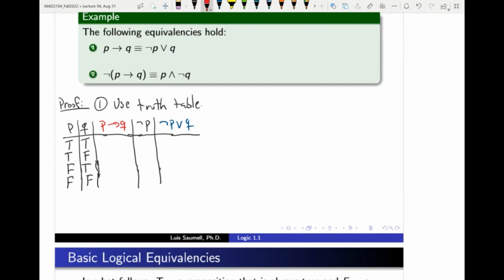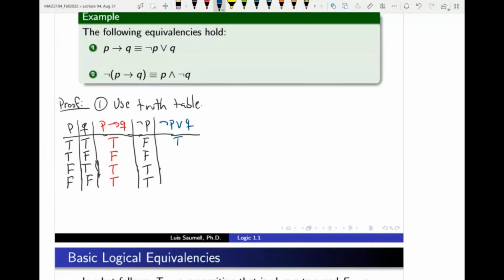What do I write? True. True. False. True. True. And true. Okay? All right. So, negation P, what is this? False. False. True. True. And now, let's do the last one. What do I write? True.